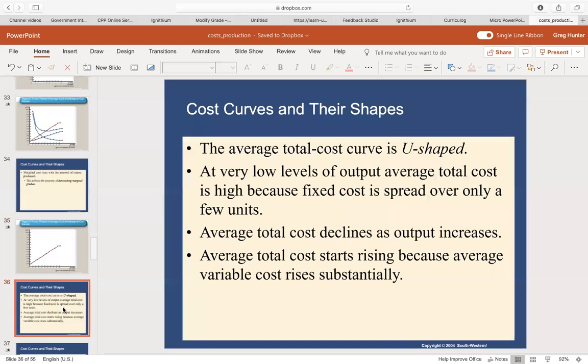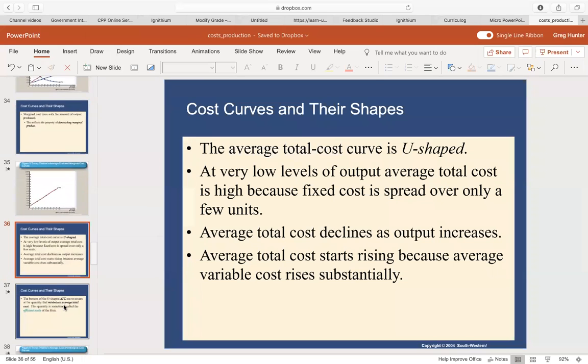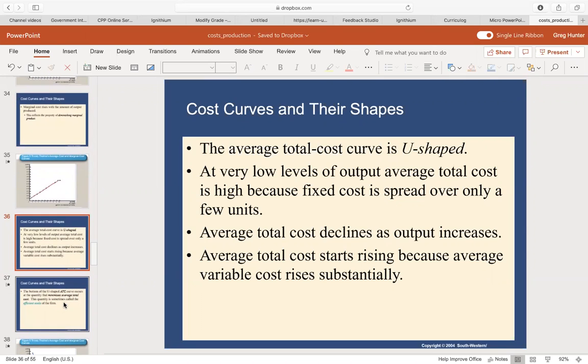The initial section, where you have decreasing marginal cost, really doesn't matter for almost all applications, because the output's too low for the firm to really be successfully managing its business at that point.